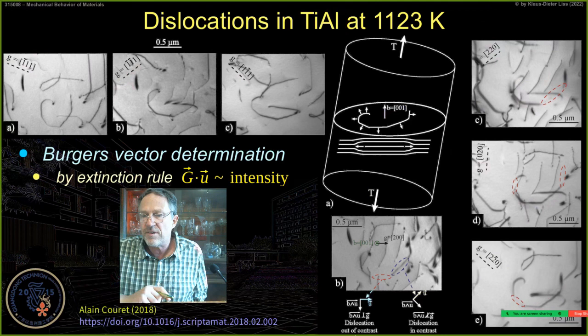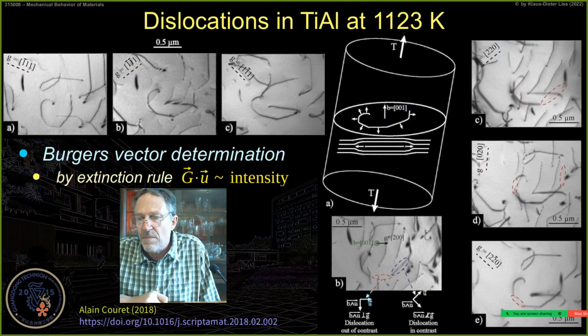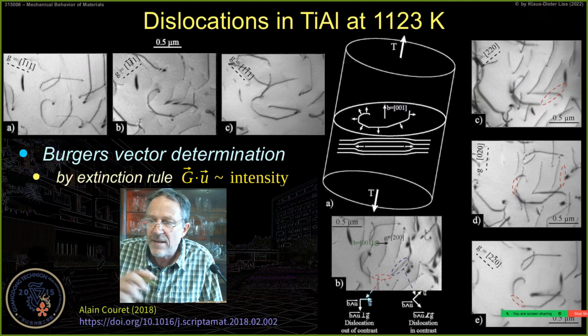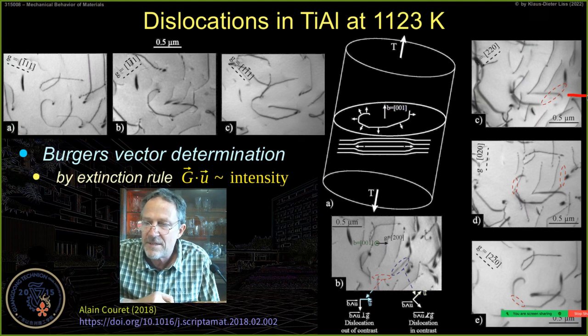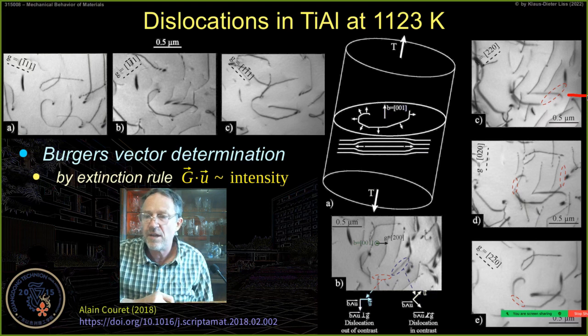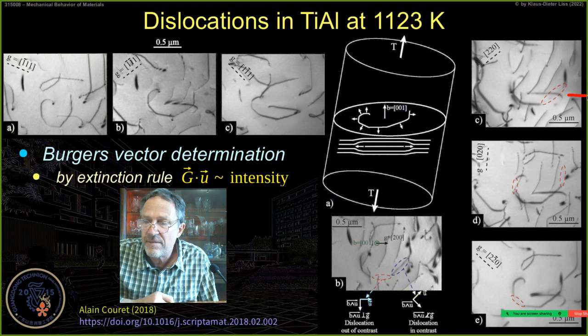So I erase the ink. You recognize the loop in the 3 pictures, in the 3 images. And the dotted regions around there, these dotted ellipses, this is where the dislocation is extinct because of the orientation of the scattering vector.